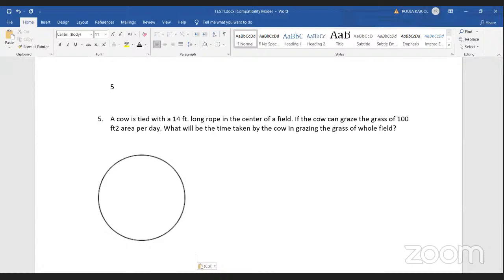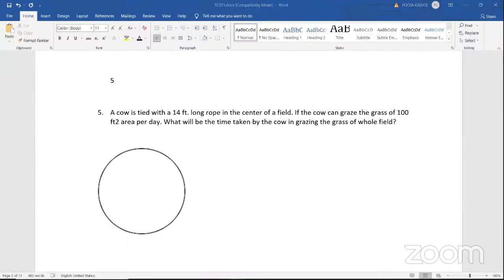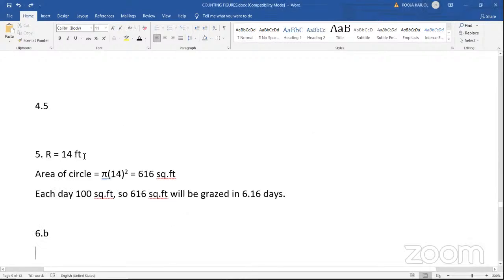Now I'll show you guys. Radius is 14 feet, area would be pi r square, which is pi into 14 the whole square. The area of the field is 616 square feet.